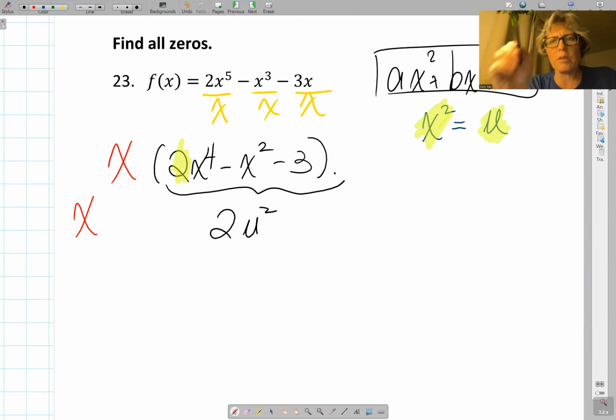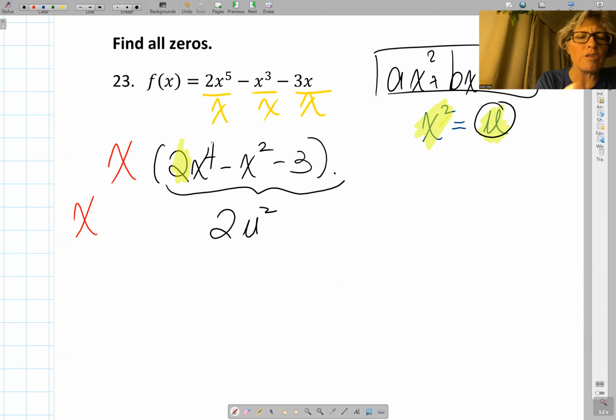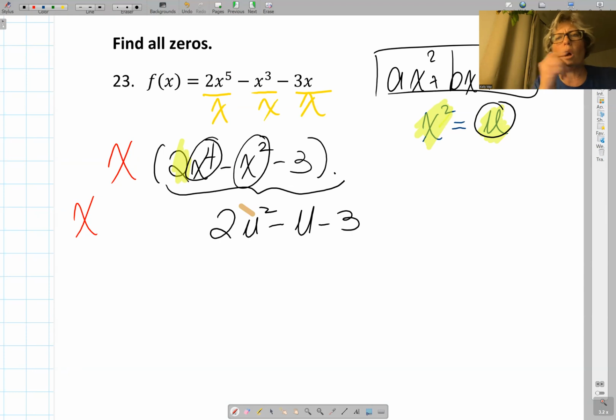You're like, wait a minute, where did u to the second come from? Well, I'm defining u as x to the second, so if this is x to the fourth, therefore it's 2u to the second. Why did I do that? Because now, oh, it looks suspiciously similar to that. That's where we're going with it. We want it to look like something a little more familiar. And we're going to keep going. Again, I'm going to replace that x squared with u minus 3. Oh, that looks a lot simpler.